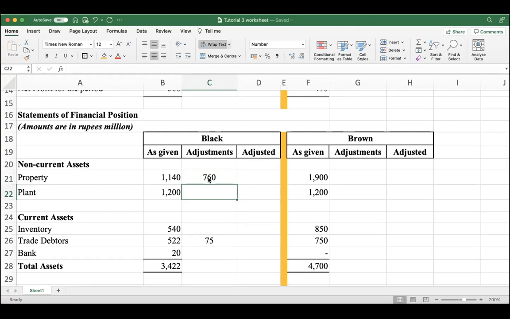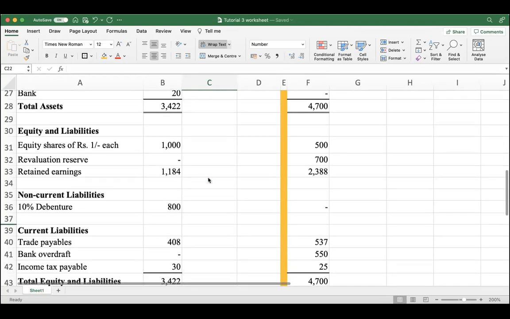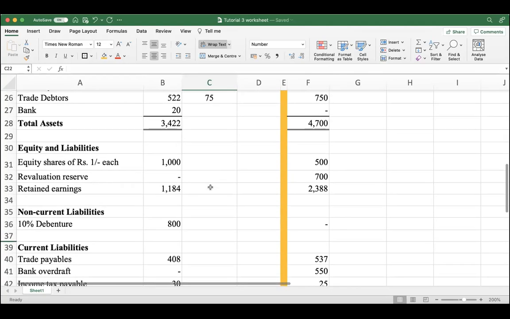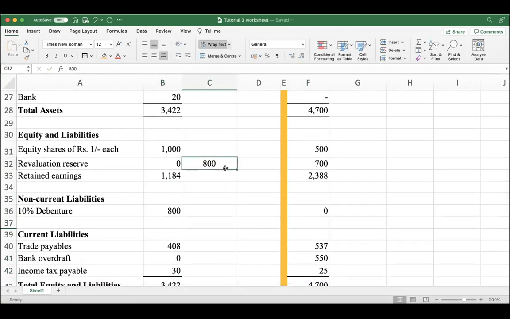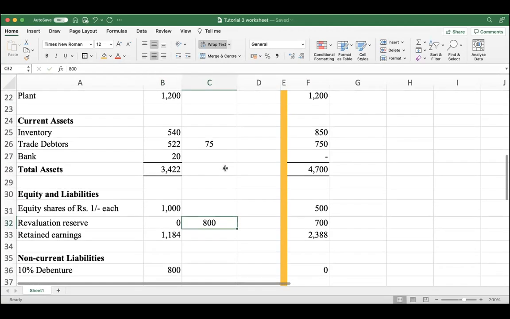Then revaluation reserve increases by 800. Currently revaluation reserve is 0. That increases by 800. Right. So that's the adjustment for revaluation.